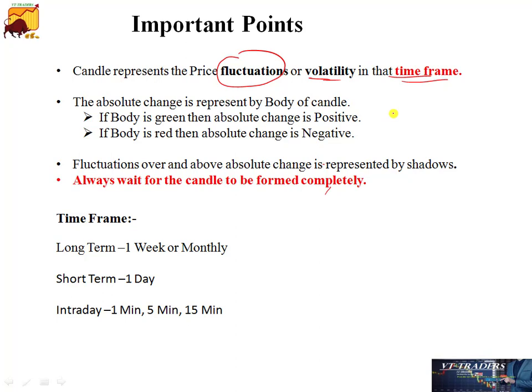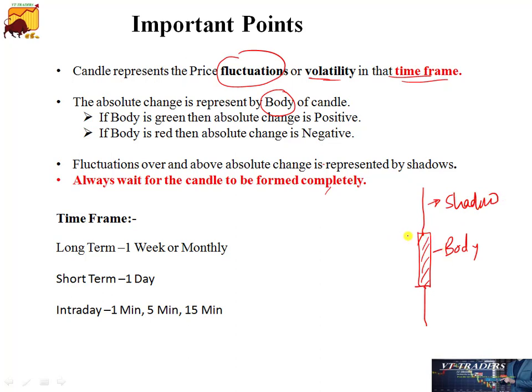The absolute change is represented by the body of the candle. We know what the structure of a candle is. This is called the body and this is called the wick. Okay, this is called the body, this is called the shadow.